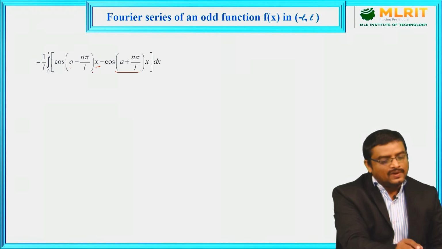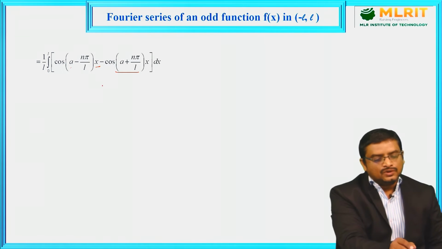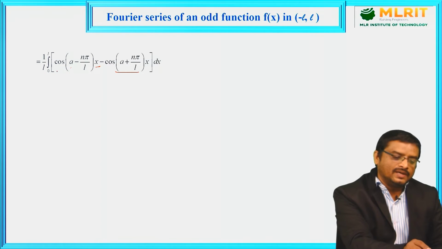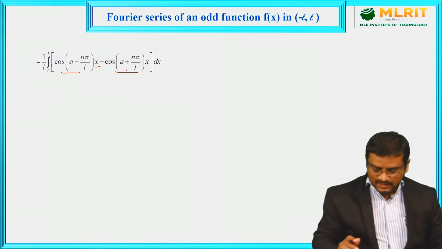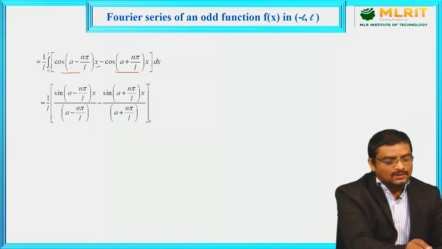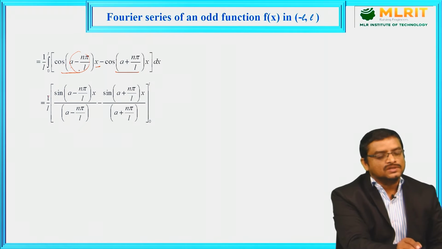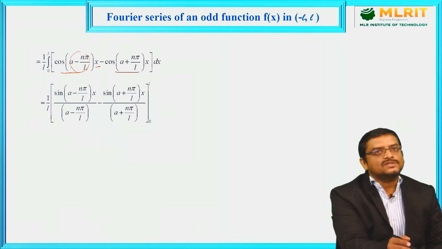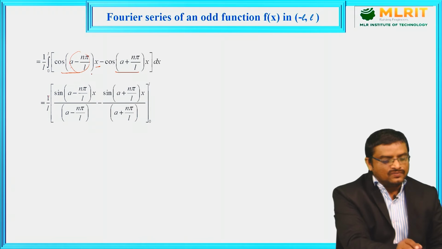Now we are ready to apply the integration, because inside the integral there are two terms. Separately apply the integration of the first term and the integration of the second term. So 1 by L integral of the first term. For some time consider this as x, so this is of the form integral of cos x. Integral of cos x is sin x, so that is sine of this function.